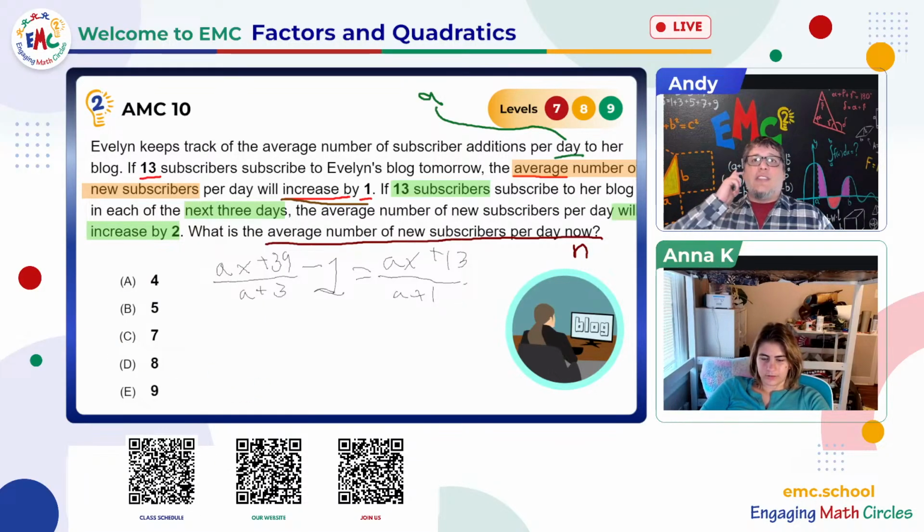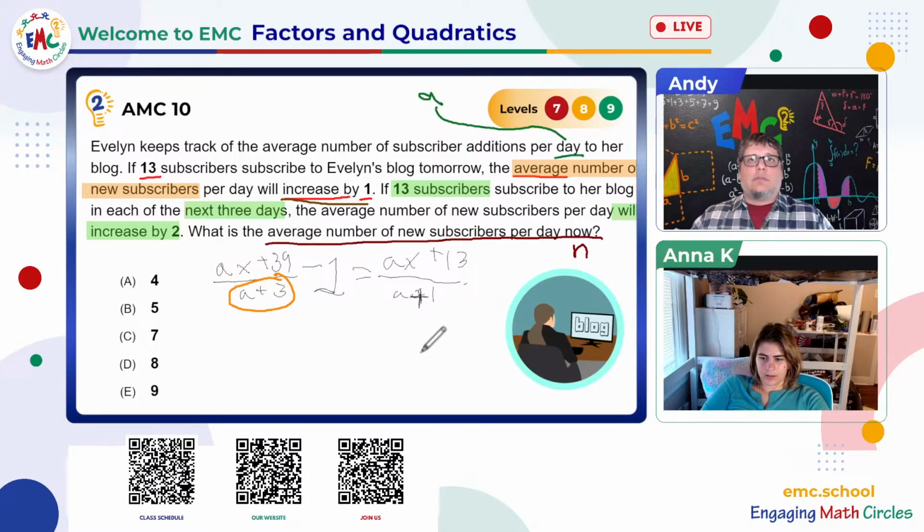I need to isolate for either A or X. Which one seems easier? I don't know, X, I think. There's fewer X's, so yeah. So let's get rid of the fractions.